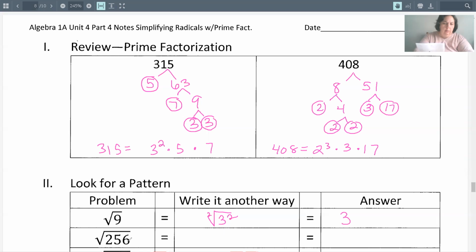So another way to write 256, you know 256 is a perfect square and the square root of that is 16. But I want you to think about another way to write 256 is 16 squared. When the index, square root, and the exponent match, the answer is the base of the radicand, which is 16.